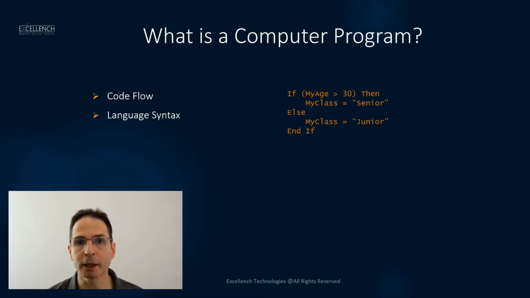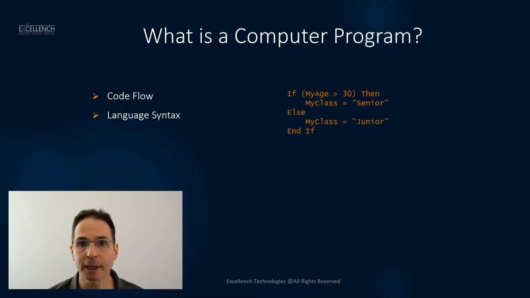Here, for example, you see a typical example of an if-else block. That's a typical structure that you can find in almost any computer language. However, it is written differently in one language and the other. This is an example in which I'm asking whether the age, my age variable, is greater than 30.